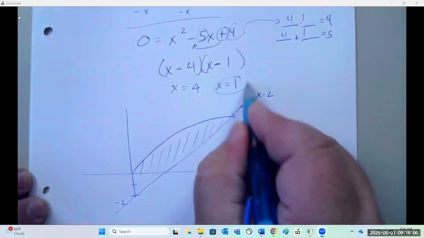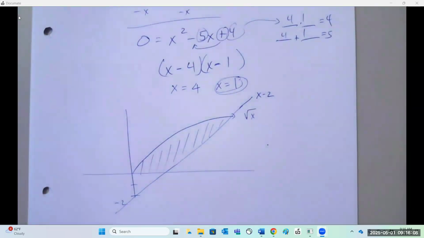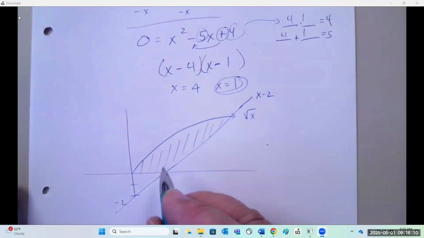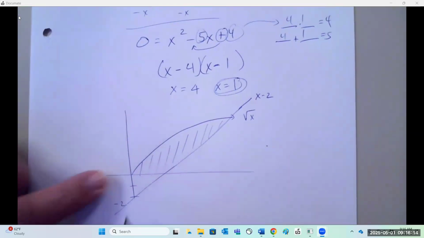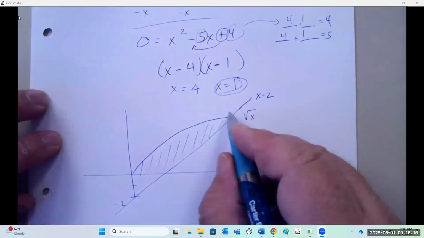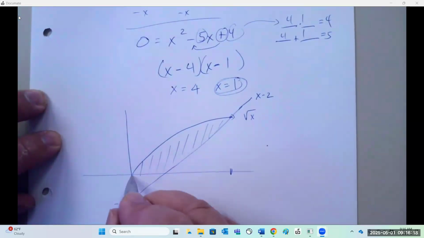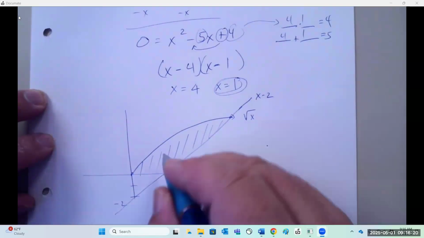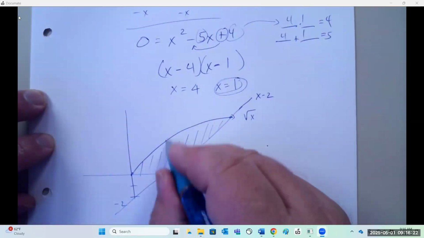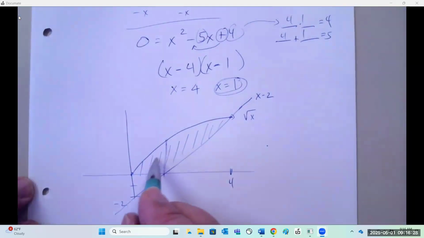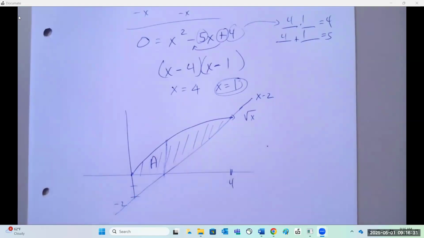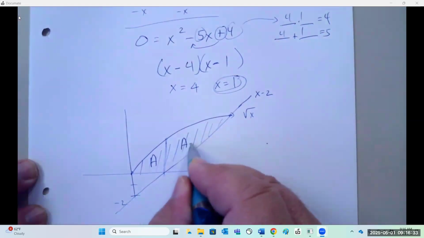So that's why this is not a good value, because all we know at that point is, do they cross at that point? No. So we know that we're going from 0 to 4. We actually have two parts that we're going to look at. We have to find this area here, and we have to find this area here.